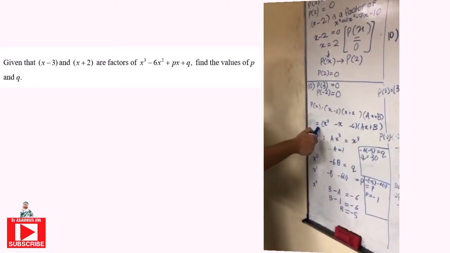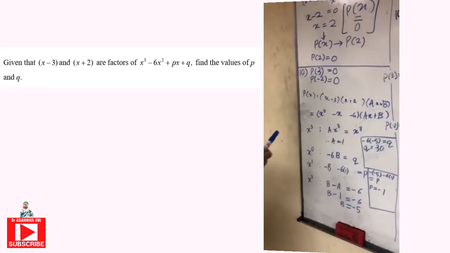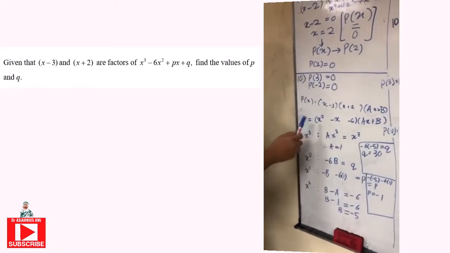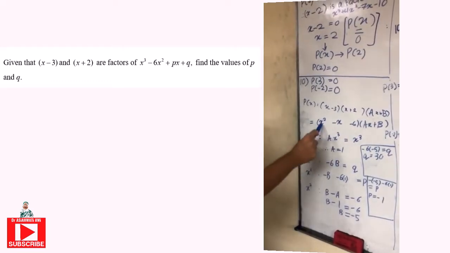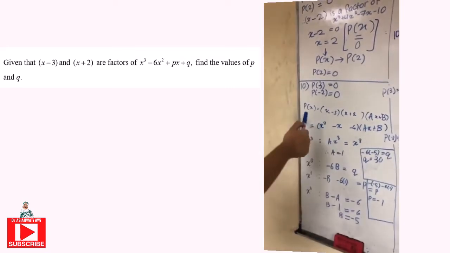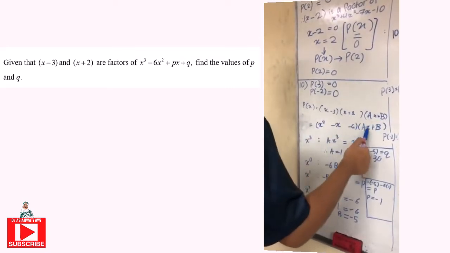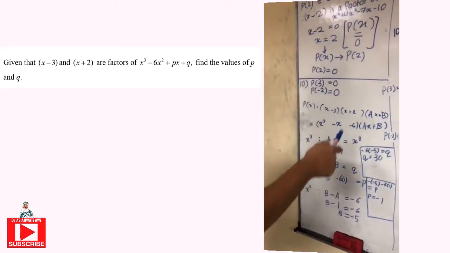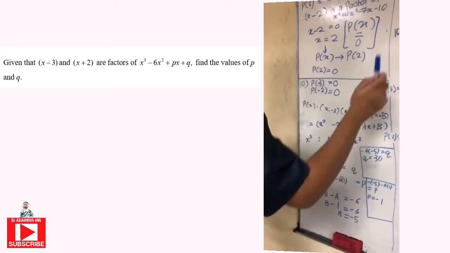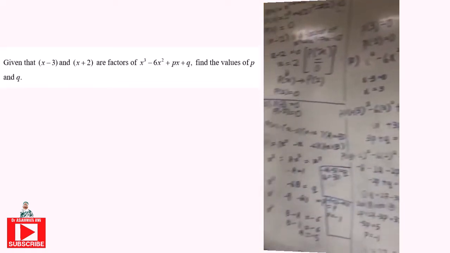Okay, so bila kita expand balik benda ni untuk bagi nampak clear lagi. So lepas tu kita akan guna cara ni. Kita tengok x cube ni kan, macam mana kita dapat x cube dari sini. So nak dapatkan x cube dari sini, kita akan nak guna x square times ax. Kita akan dapat ax cube. So kita equalkan balik dengan x cube. Sebab x cube ni mana kita dapat? Kita dapat daripada yang given. So senang kata kita compare.